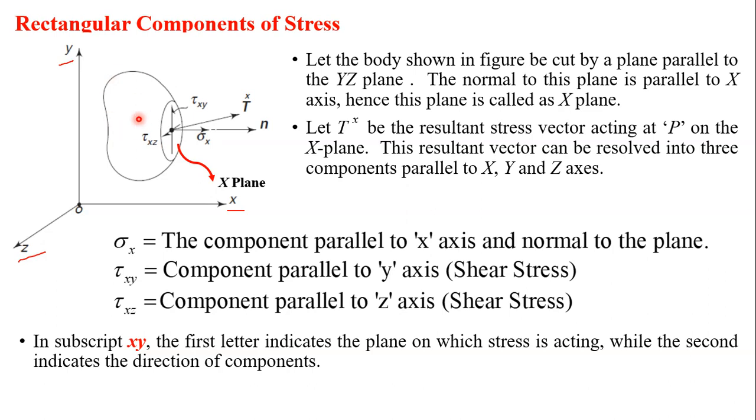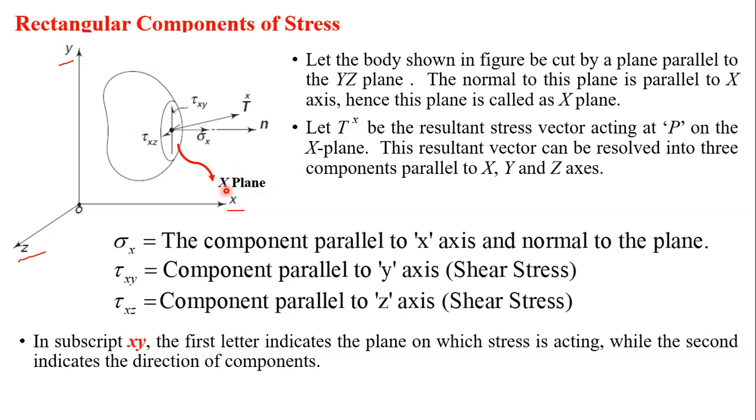And the body is cut by a plane parallel to YZ plane. The normal to this plane is parallel to x axis. Hence, this plane is called as x plane, right?